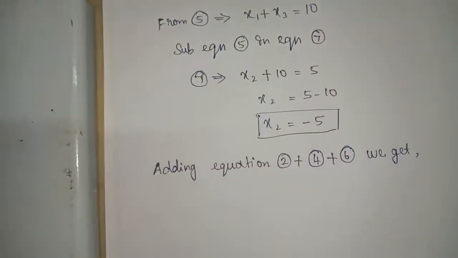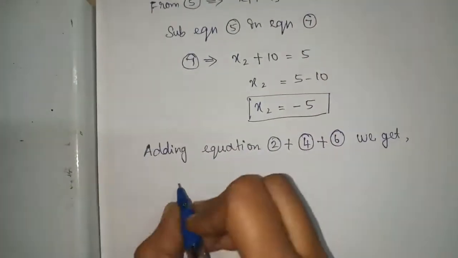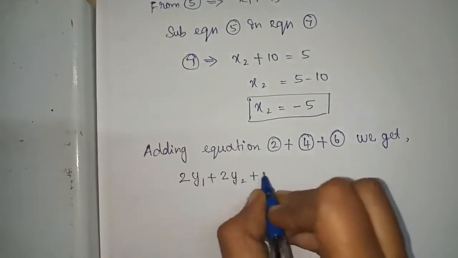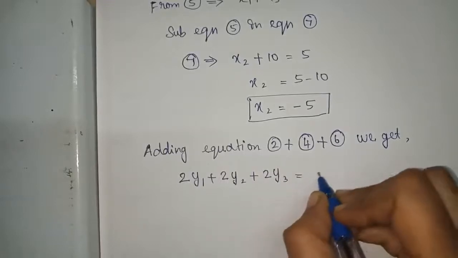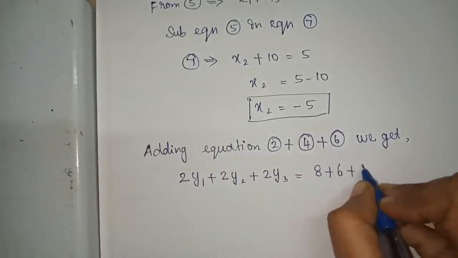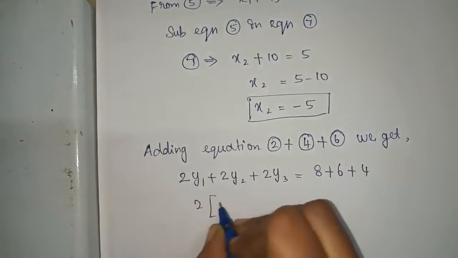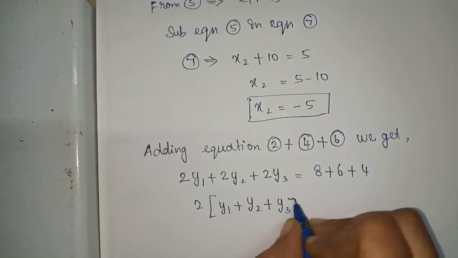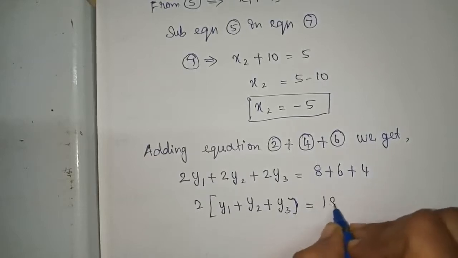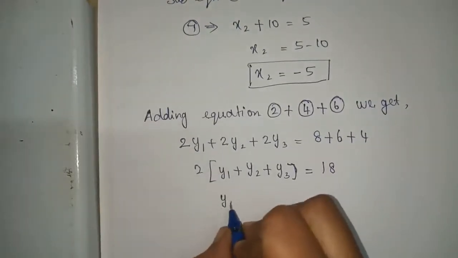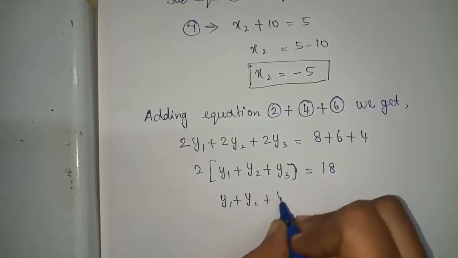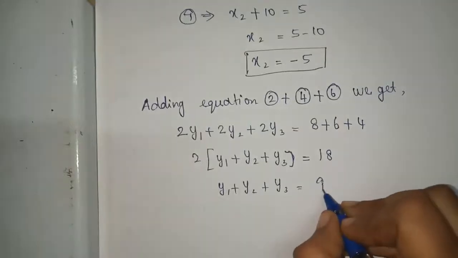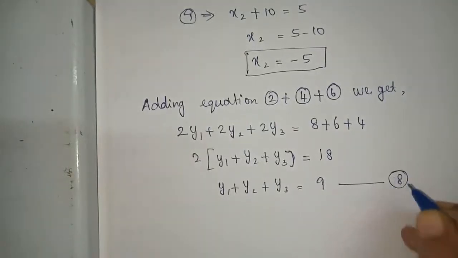So if you add these 3 equations, you get 2y1 plus 2y2 plus 2y3 is equal to 8 plus 6 plus 4. So 2 times y1 plus y2 plus y3 is equal to 18. So y1 plus y2 plus y3 is equal to 18 divided by 2, which is 9. This is equation number 8.